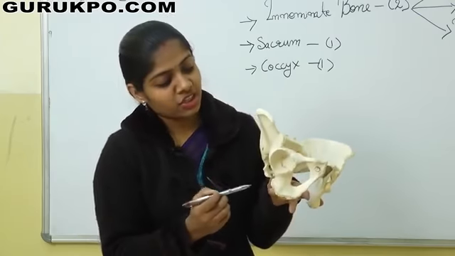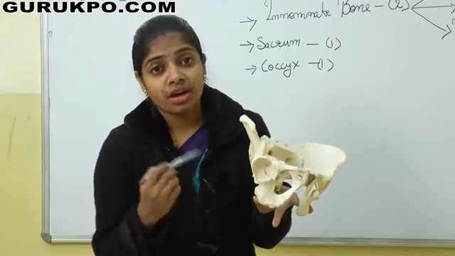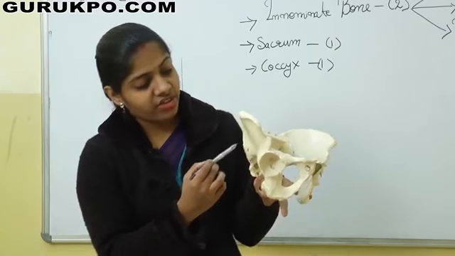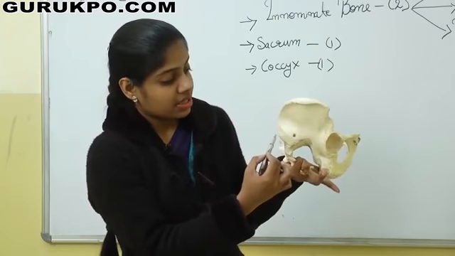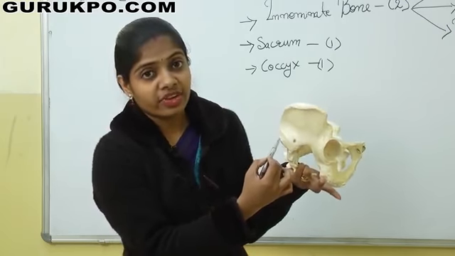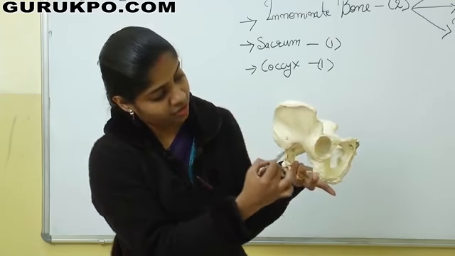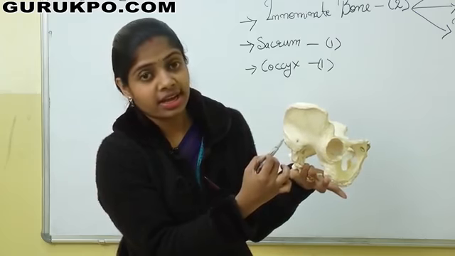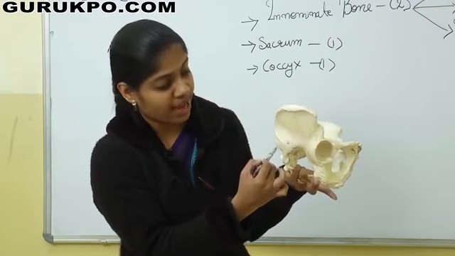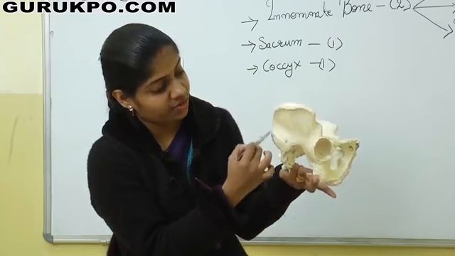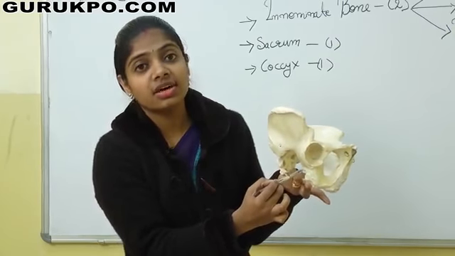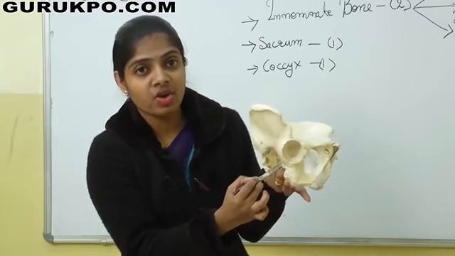Then in the ischium there is a curve which extends from the posterior inferior iliac spine to the ischial spine, which is known as the greater sciatic notch.